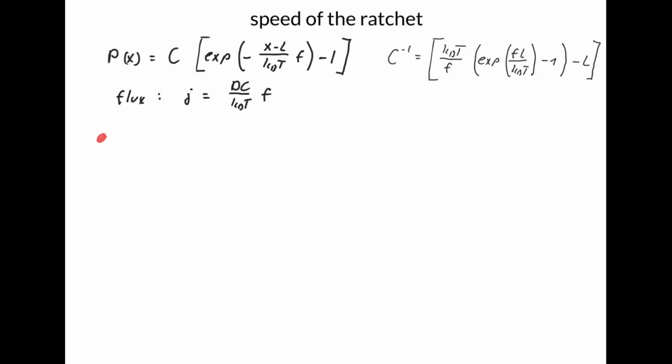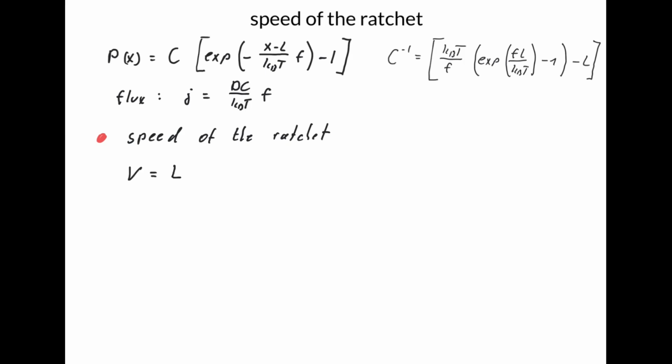So we can turn to calculate the speed of the ratchet. The speed of the ratchet v is equal to the length of one of those compartments divided by the time spent in one of those slots.